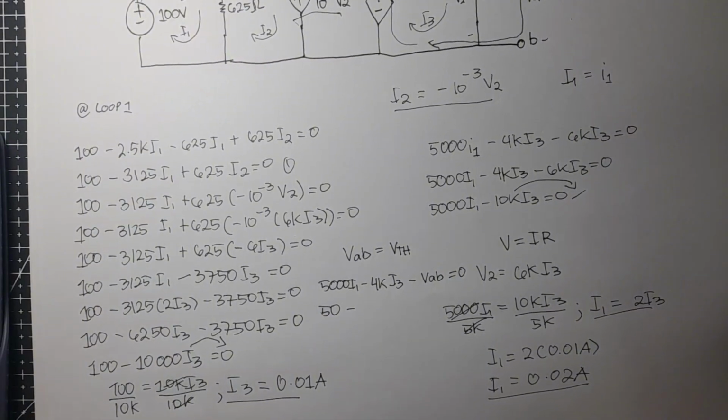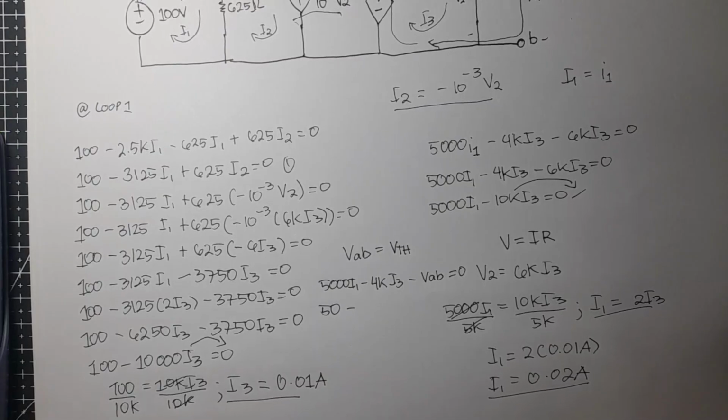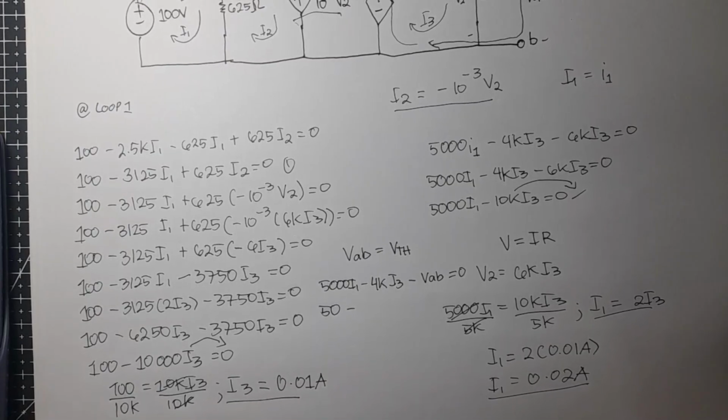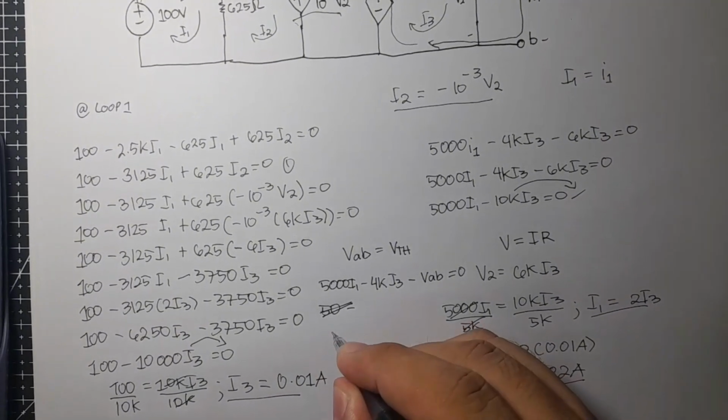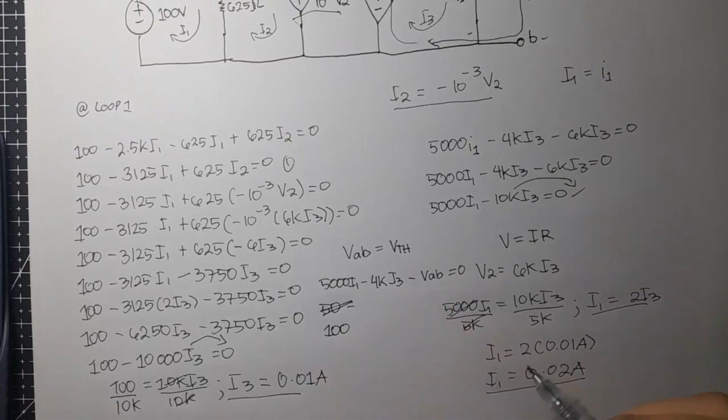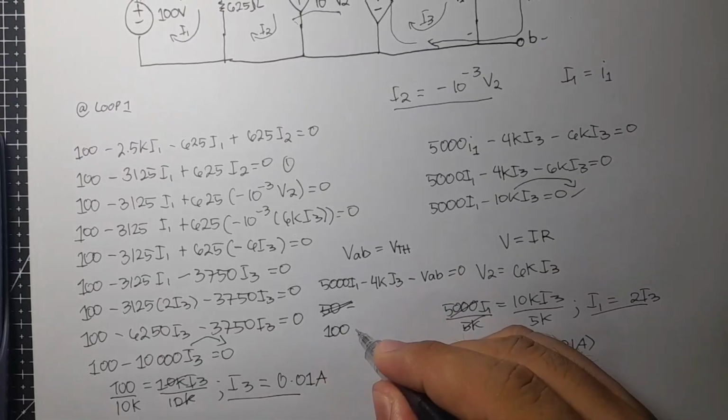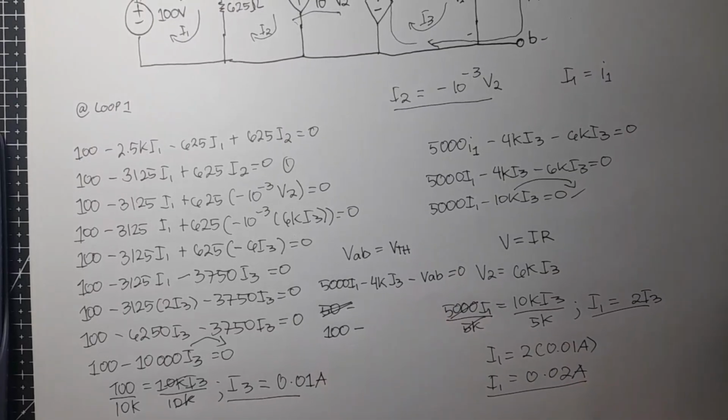So 5,000 times 0.02, 100, minus 4K times I3.